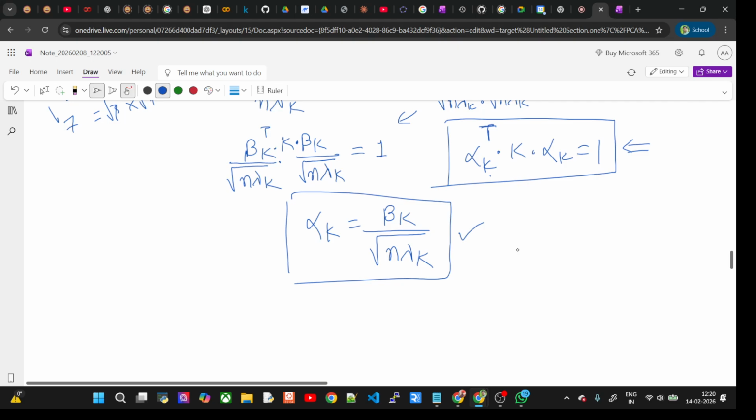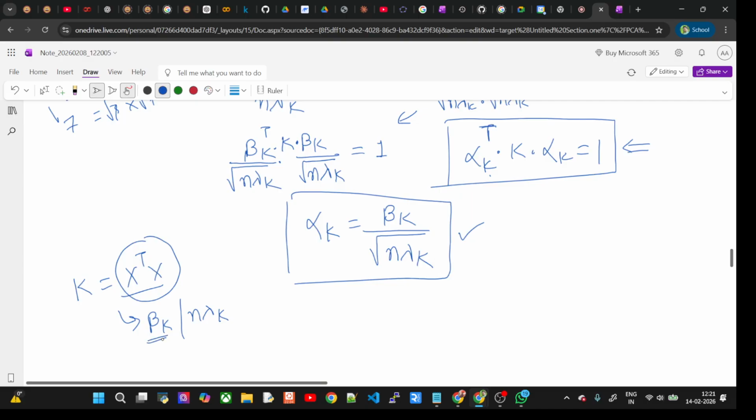So what it is saying is, you calculate x transpose x, the covariance matrix, and you calculate the eigenvectors of that. Those eigenvectors are nothing but your beta k. And the eigenvalues are n lambda 1, n lambda 2, n lambda 3, like this, okay.